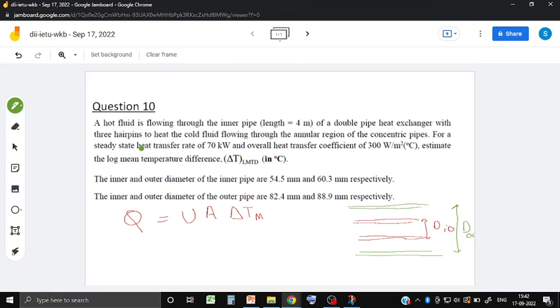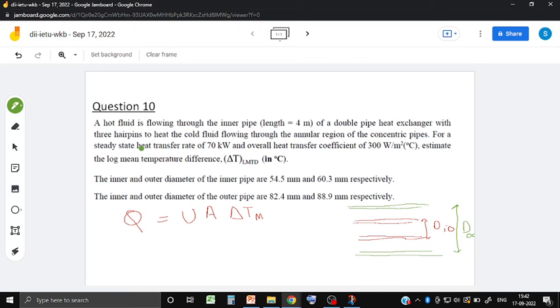So the area will be 2 pi r into L, 2 pi into DIO into total length. Here they have told that 3 hairpins are there and the length of one pipe is 4 meter, so the total length will be 3 times 4, which is 12 meter.